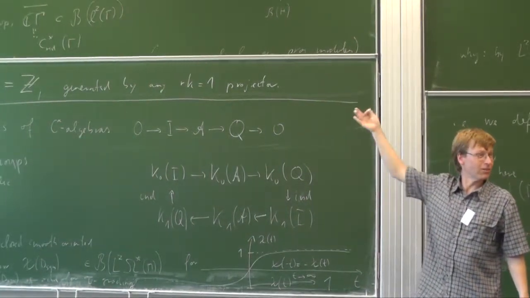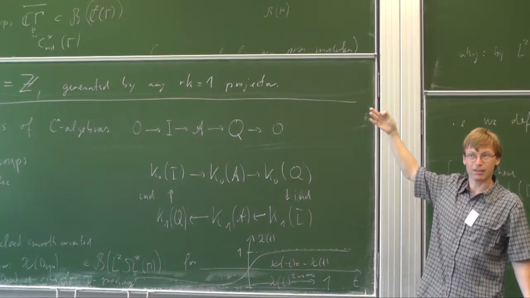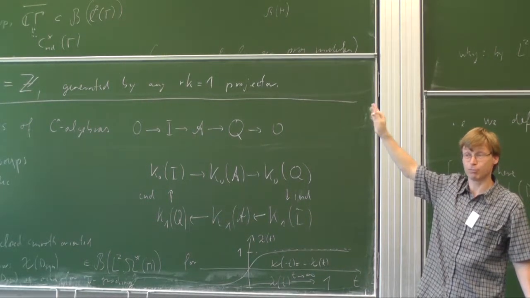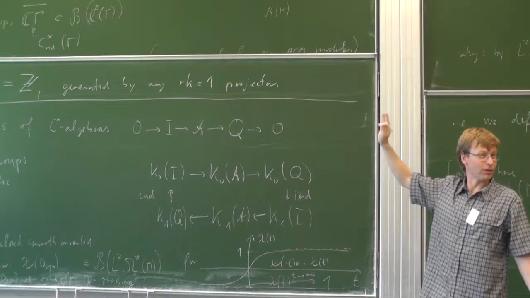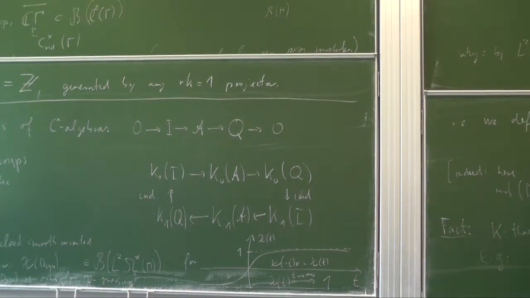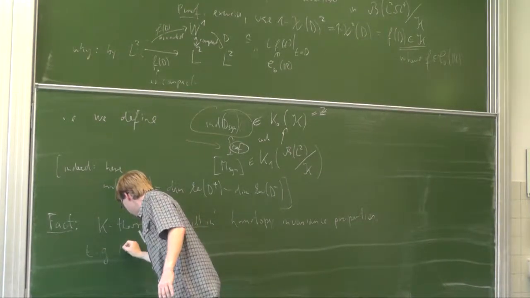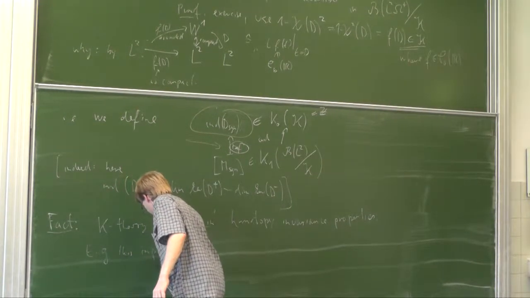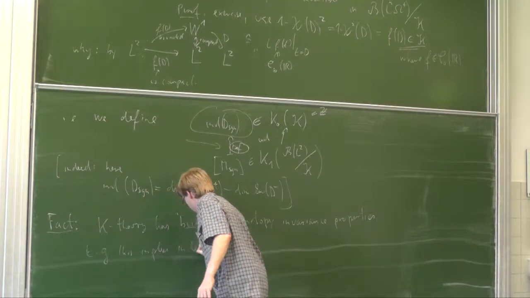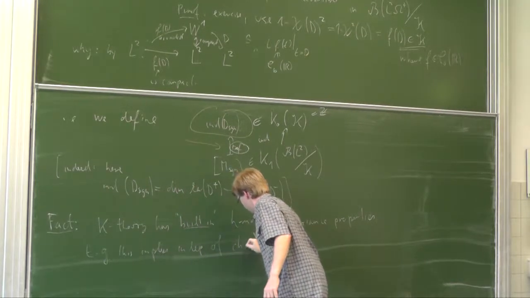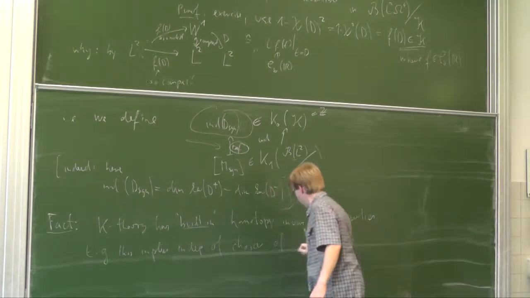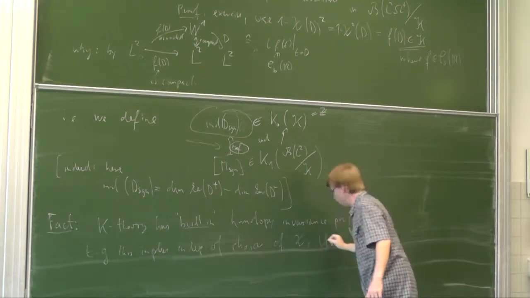I could have written it down in the definition of the K0 group as well, homotopy classes of projectors. It's perfectly okay. So it's built in, and e.g. this implies independence of the choice of chi and u in our construction.